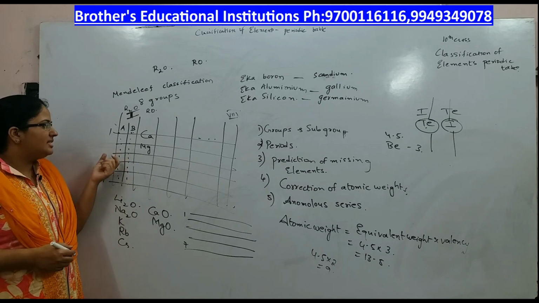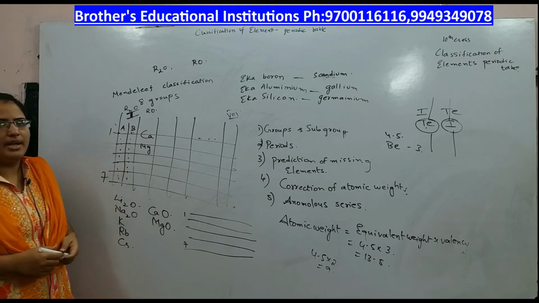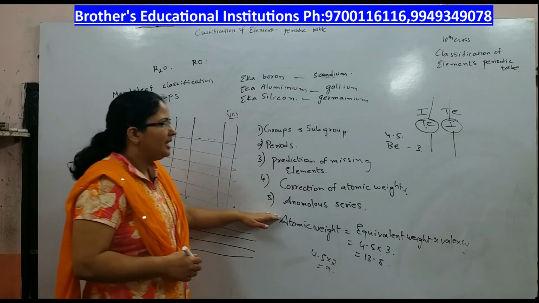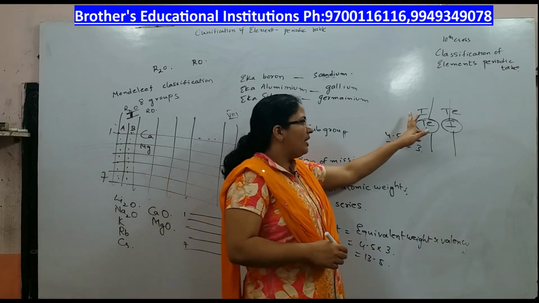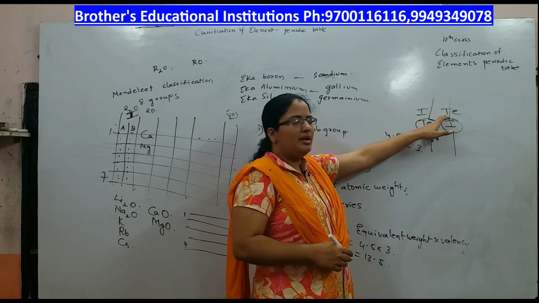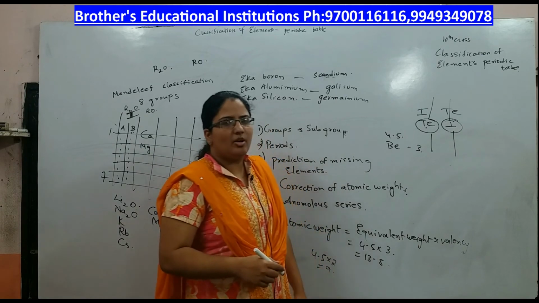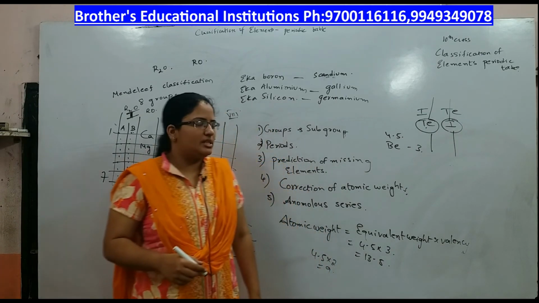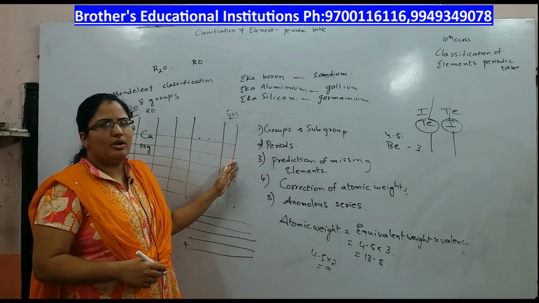Coinage elements have fewer similarities with the elements of 1A. The next drawback is the anomalous series. When placing in the increasing order of atomic weight, iodine should come first, next tellurium, but he placed tellurium first, next iodine. So these are some of the drawbacks, yet it has striking features. This Mendeleev periodic classification is called the short form of the periodic table.